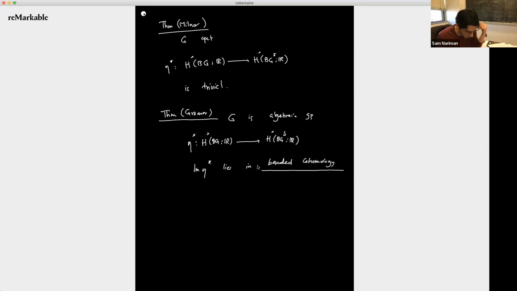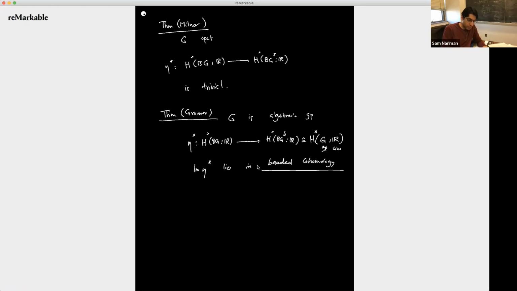Okay, so note that the cohomology of BG delta is the same as group cohomology. So if I write H star of G with real coefficients, I don't mean as a space, I mean as group cohomology.